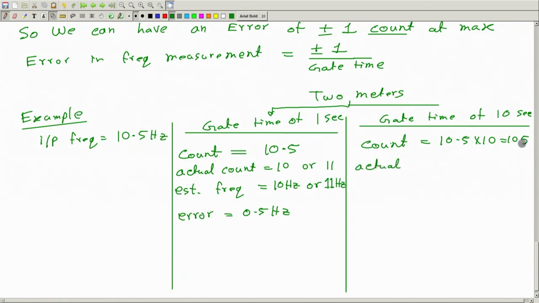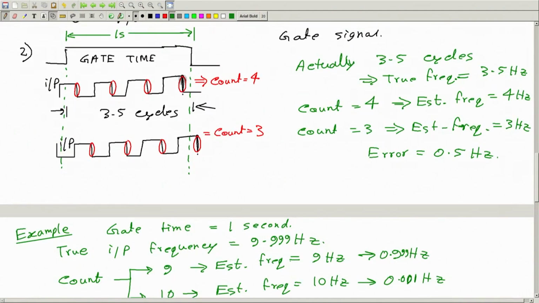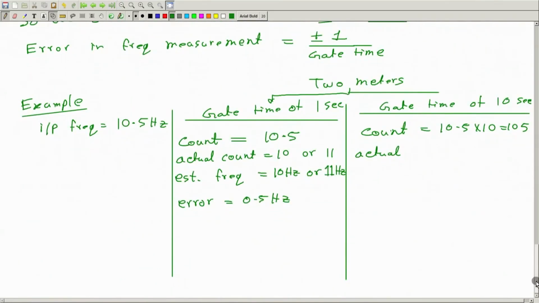So, it may be possible that we will get exactly this value, but in this case one edge may lie exactly on this boundary, and if you go back in this diagram, there is a chance of missing it. So, we may still have an error.